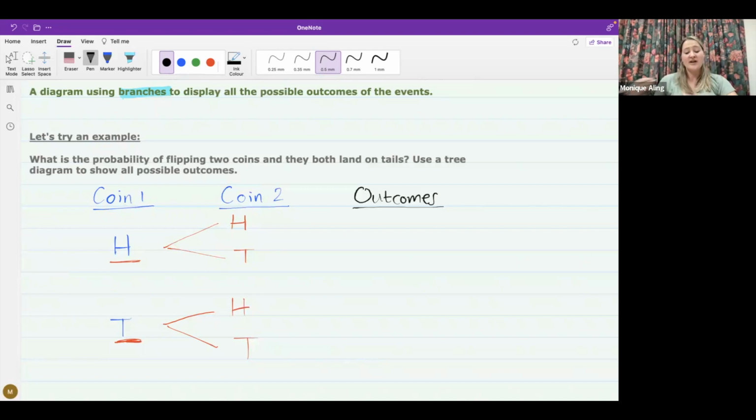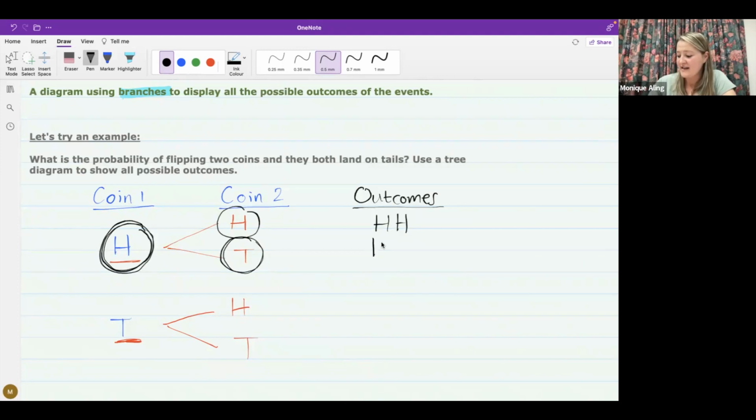Okay, so this is how we basically read the outcomes. First coin landed on heads, second coin landed on heads. So that means we could have an option of heads and heads. Or we could have first coin landing on heads, second coin landing on tails. So we have heads and tails as our next possible outcome. Nice, Bontle.